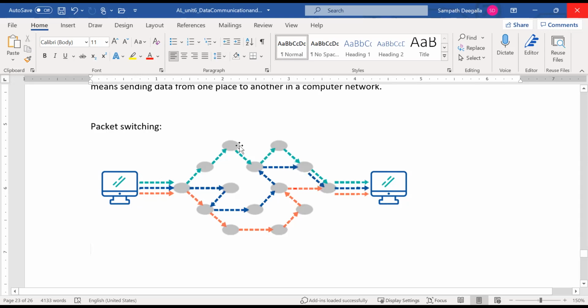These are other computers or other networks, what you see in the middle. This one goes in a different direction, like this. And this is again going from another direction, but at the end it will come to the required computer, right? So this is called packet switching.